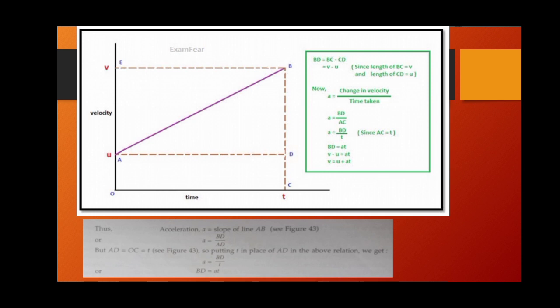So, BC minus CD equals v minus u. Now we have acceleration is equal to change in velocity by time taken. So a is equal to BD by AC from the figure. a is equal to BD by t since AC equals t. So BD equals at. Then the equation v minus u is equal to at, or v is equal to u plus at.